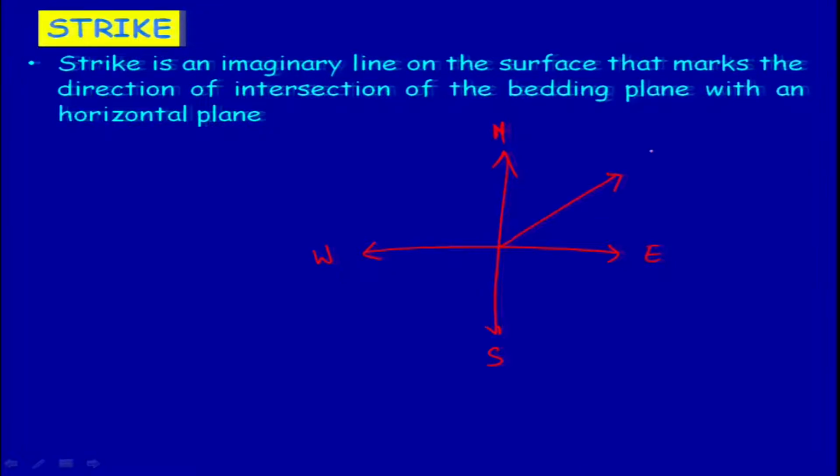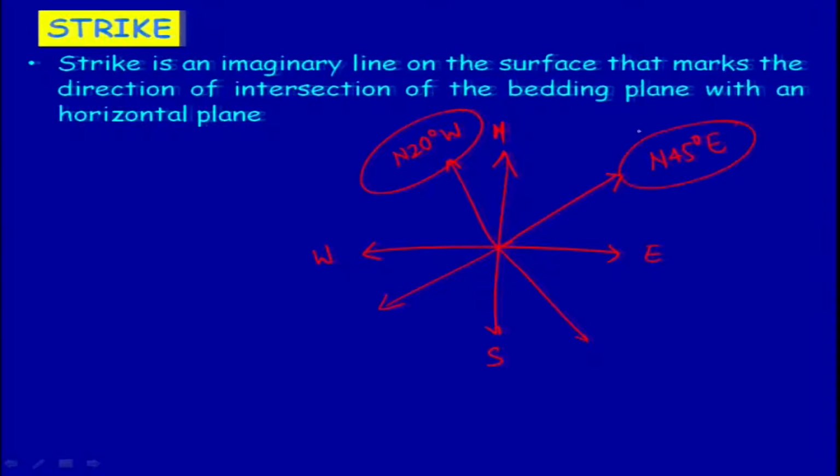So you can say north 45 degrees east, or somewhere here, so you can say, for example, north 20 degrees west. One can easily make out, and you can have this direction also. There is absolutely no problem. So if you write in your report or mark on your map this information, that will suffice. So this is one.